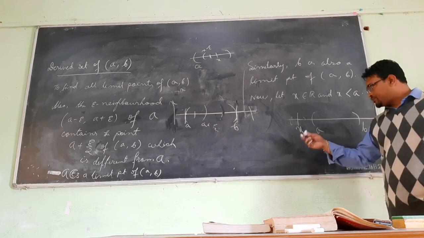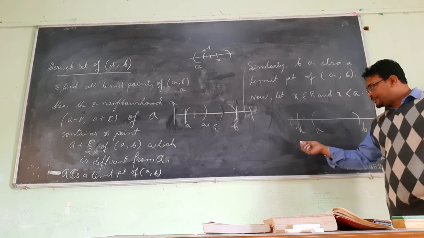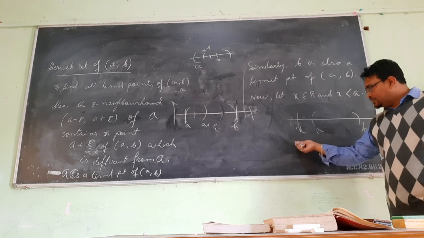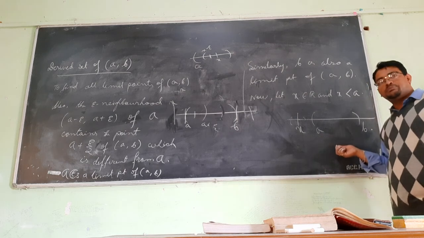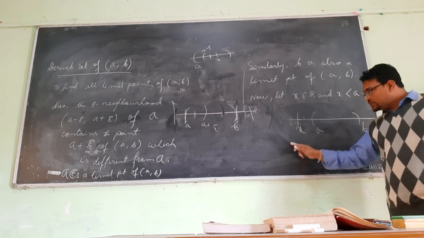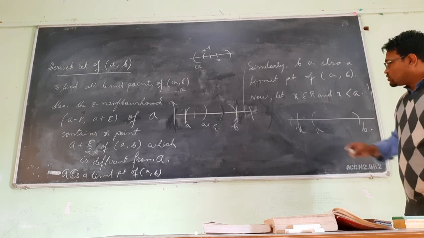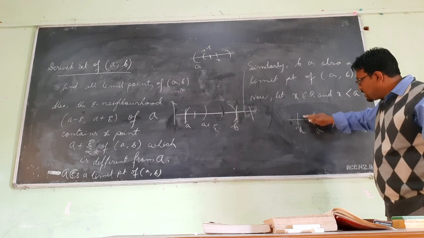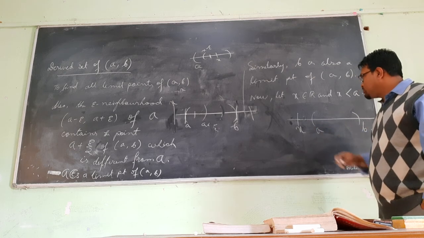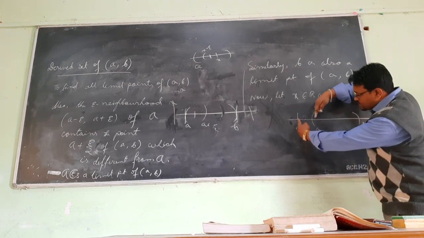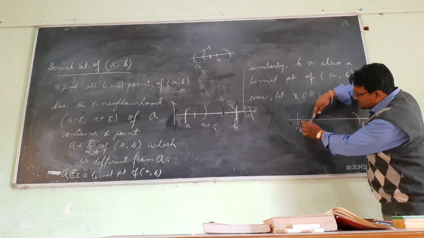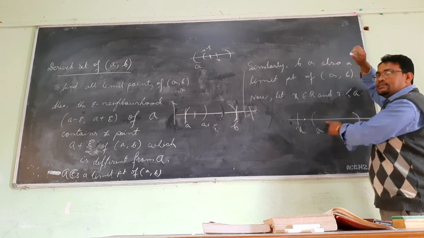This type of thing I have told you several times. The negation of every neighborhood contains something is that there is some neighborhood which doesn't contain this. So it is sufficient to find at least one neighborhood which doesn't contain any point of this. From the diagram itself you can see geometrically, if you take the midpoint of x and a, it will lie somewhere here. It is outside this set.